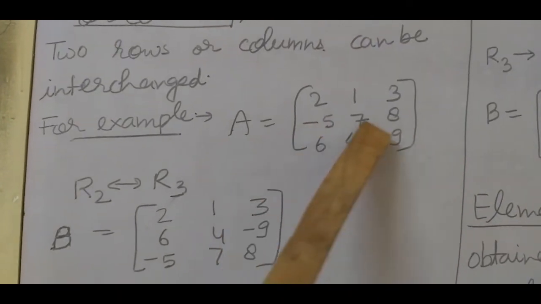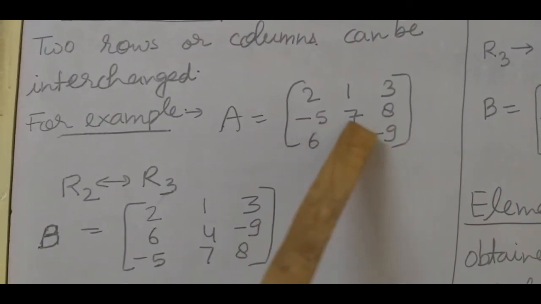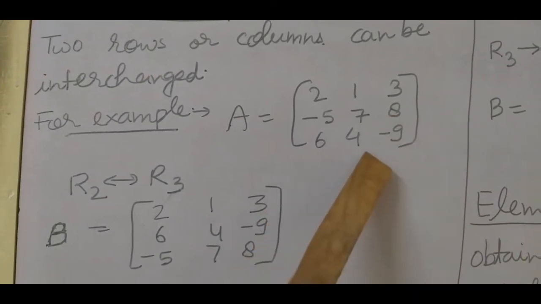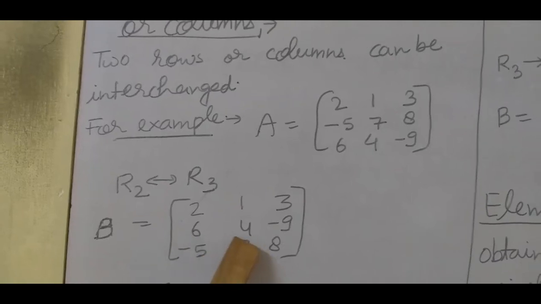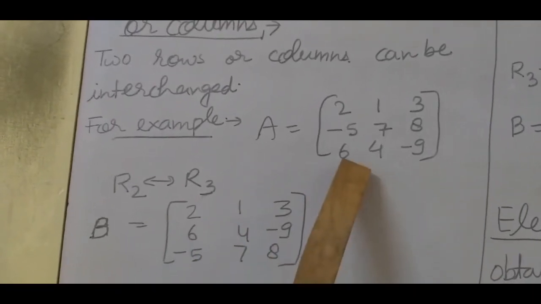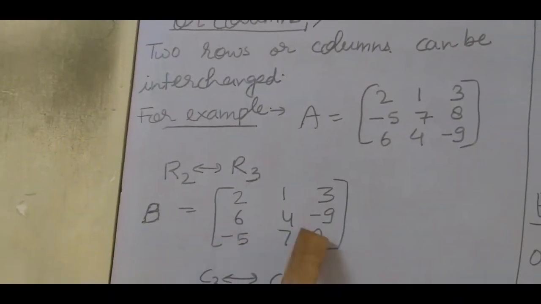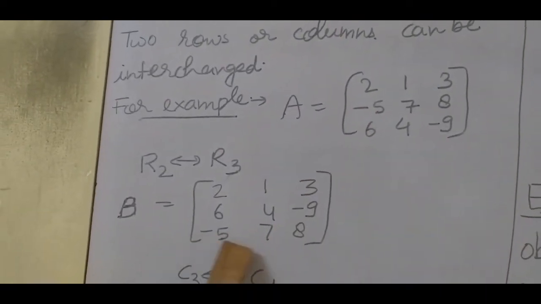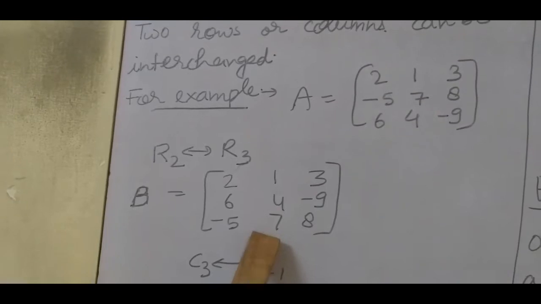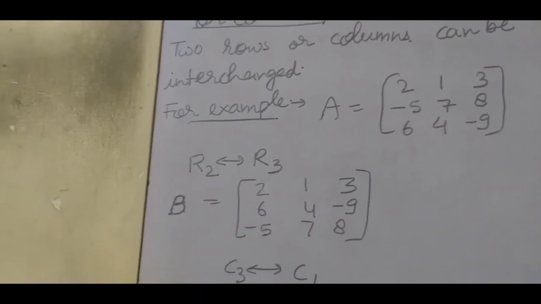At the place of R2, R3 will be there, or at the place of R3, R2 will be there. You can see, student, at the place of R2, I have written R3, 6, 4, minus 9, and at the place of R3, I have written R2. So this is called interchanging.